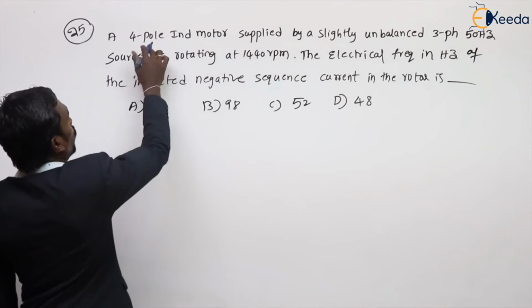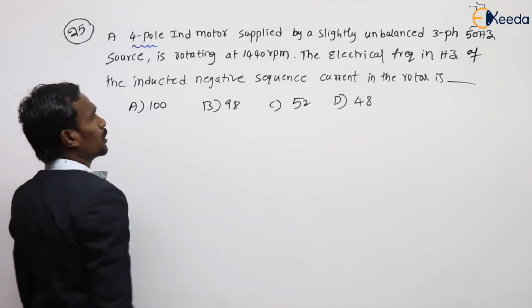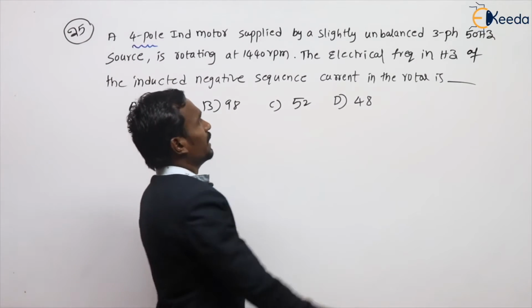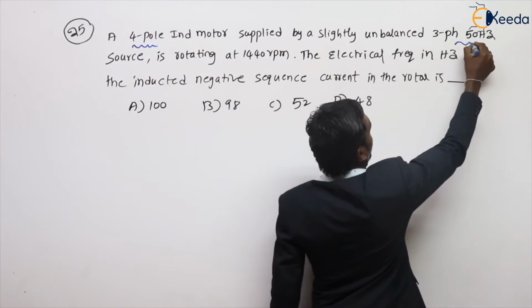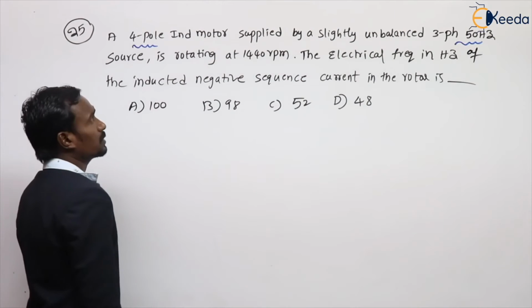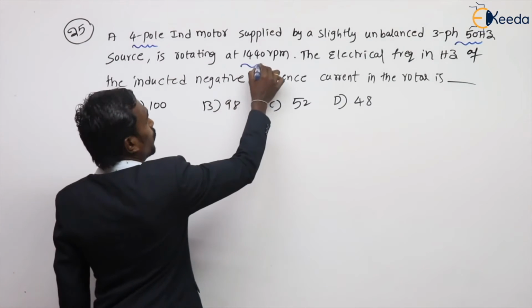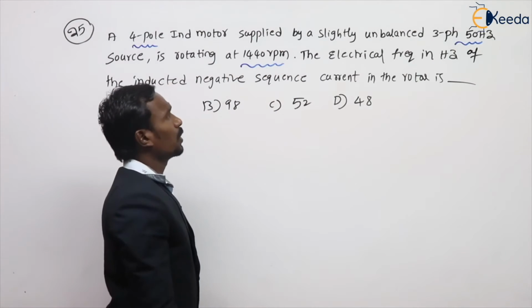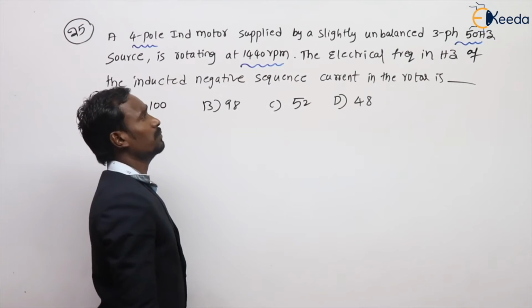Right? A 4-pole induction motor supplied by a slightly unbalanced 3-phase 50 Hz source is rotating at 1440 RPM.